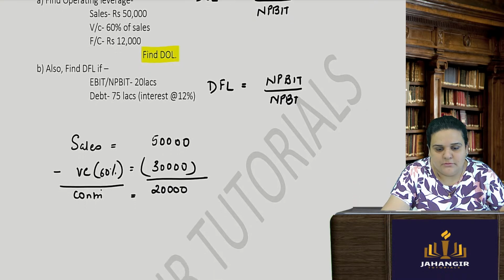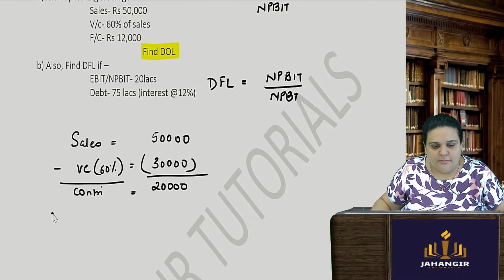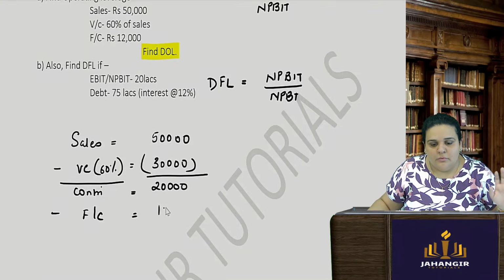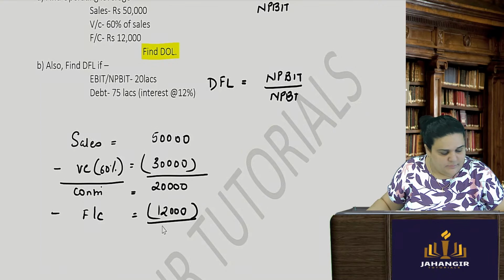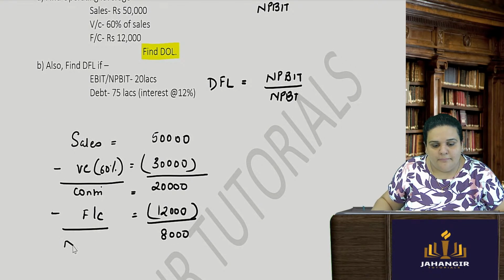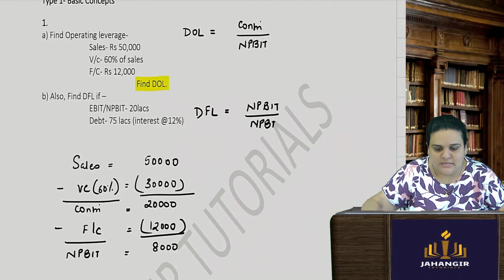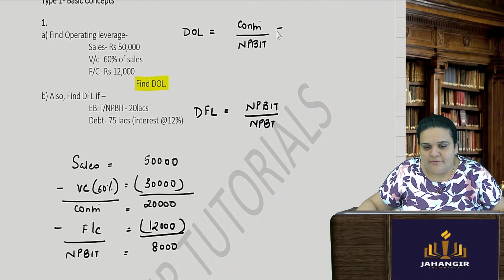Contribution is 20,000. Okay, they have also given me my fixed cost. Fixed cost is never in the form of percentage because it is fixed in nature. So 12,000. So here it will be now 8,000 NPBIT. So I have got my two variables with the help of the income statement. I will just put it in my formula.